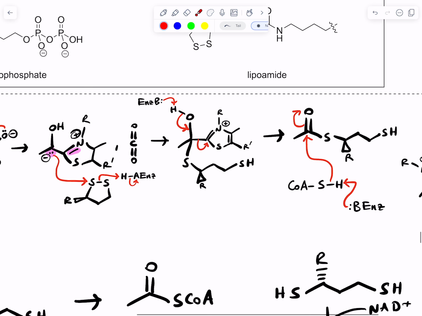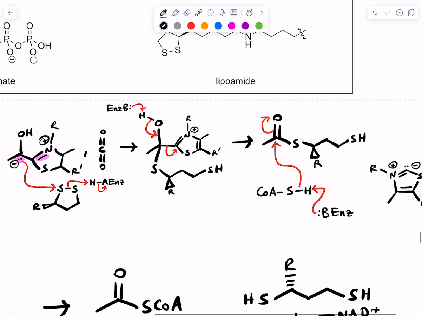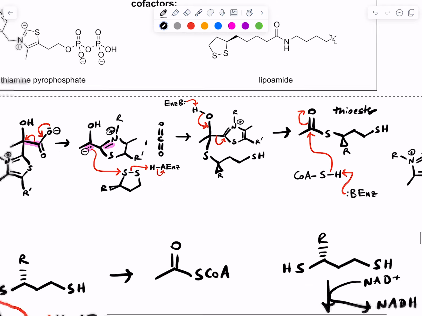Then lastly, the enzyme removes a proton from the oxygen, which then kicks down and kicks off TPP as a leaving group. And now you've converted what used to be an alpha keto acid into a thioester, and you've lost a molecule of CO2.